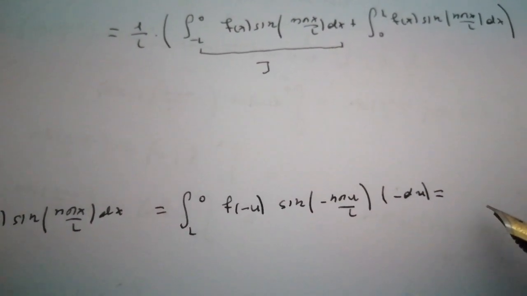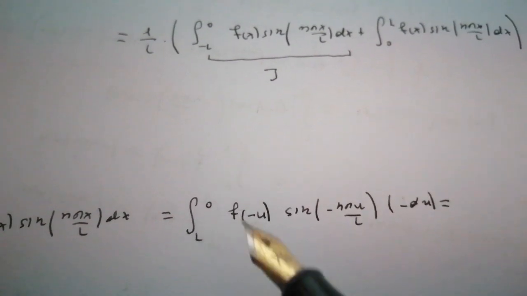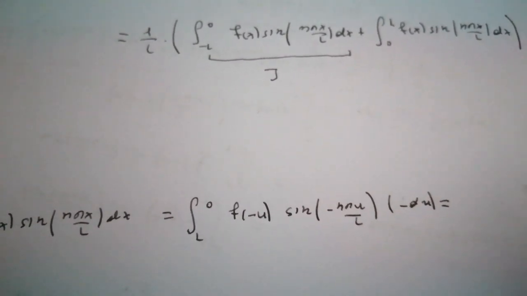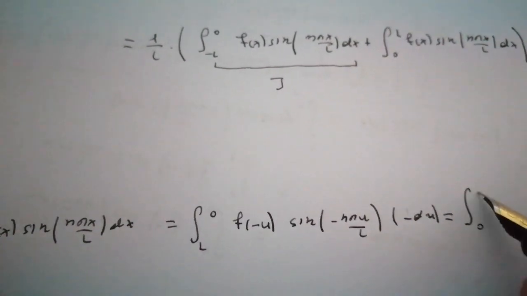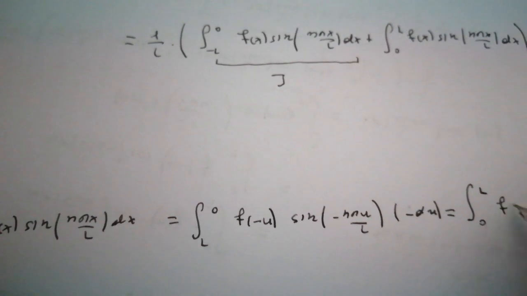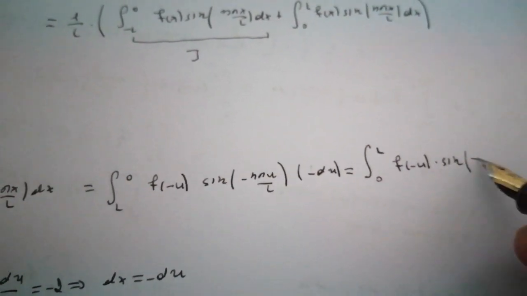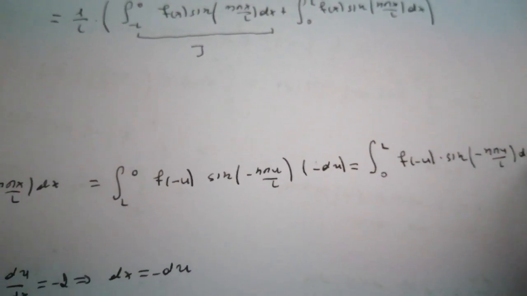So these limits of integration can be flipped with a minus. This minus vanishes and it turns into a plus. So we have an integral from 0 to L f of minus u times sine of minus n pi u over L du.